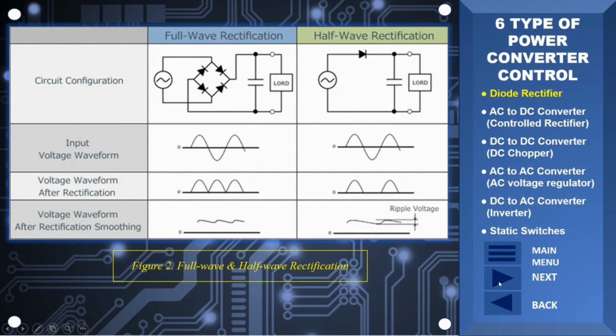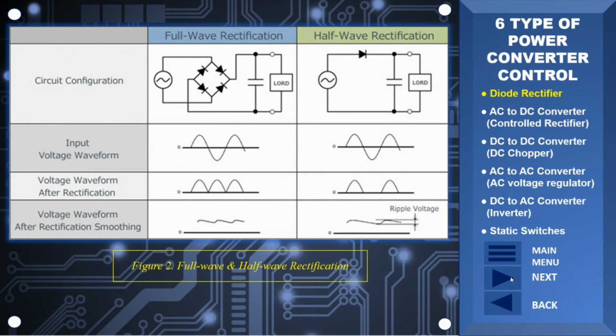The figure shows a full wave and half wave rectification. Full wave rectification converts the negative component of the input voltage to a positive voltage, then converts into DC utilizing a diode bridge configuration. In contrast, half wave rectification removes just the negative voltage component using a single diode before converting to DC. Afterward, the waveform is smoothed by charging and discharging a capacitor, resulting in a clean DC signal.